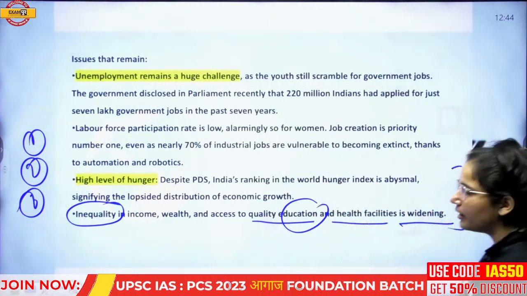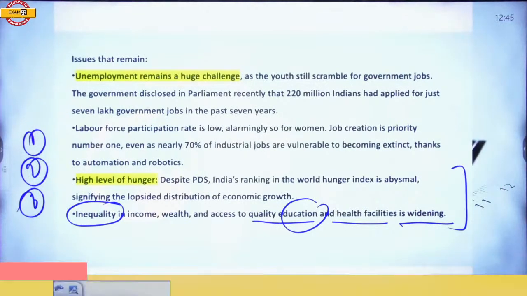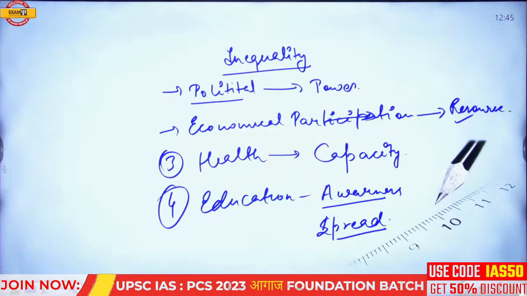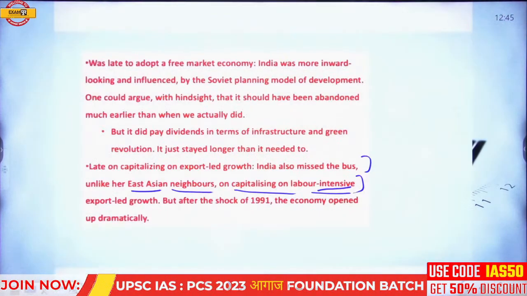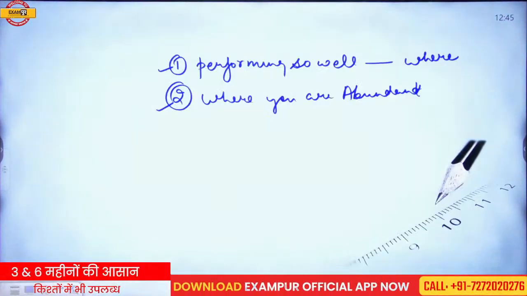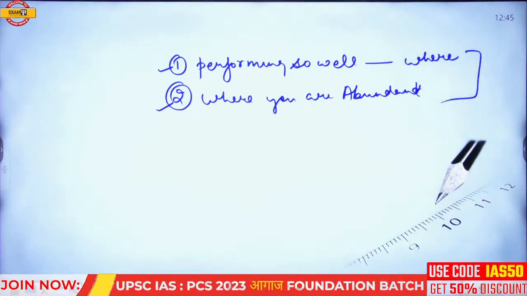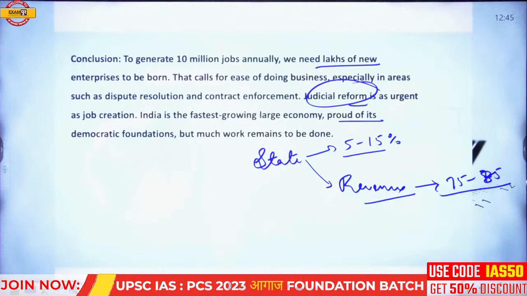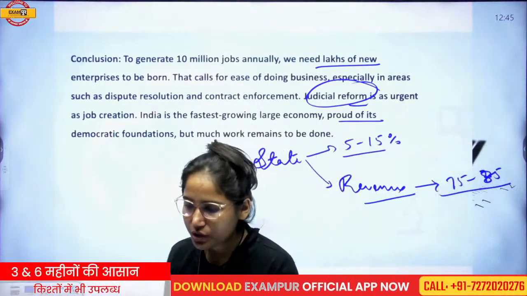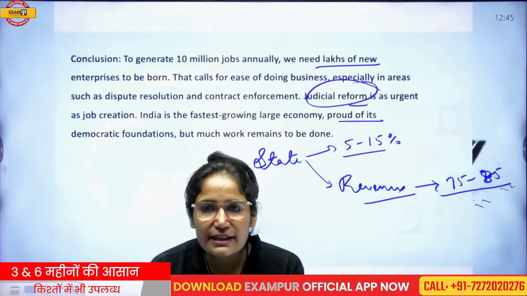So we can come across issues like unemployment, hunger, and inequality getting revived out of these 4 points. And this is where we need to work. These two are the bullet points and can form the conclusion. In order to come up with the solution, we have to work on these 2 points.